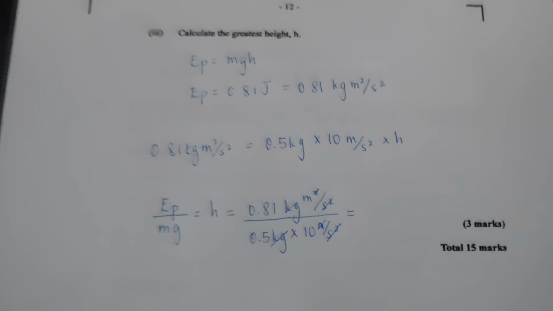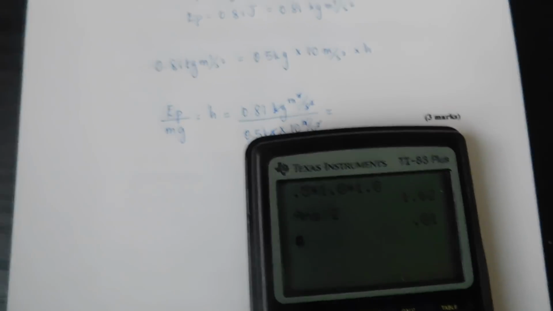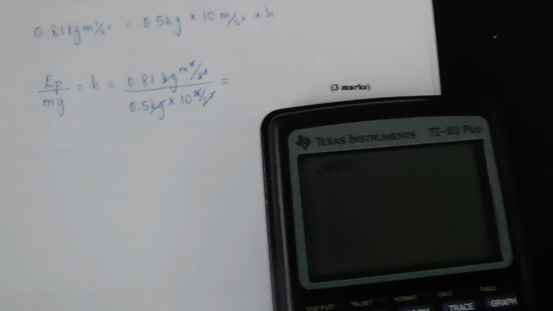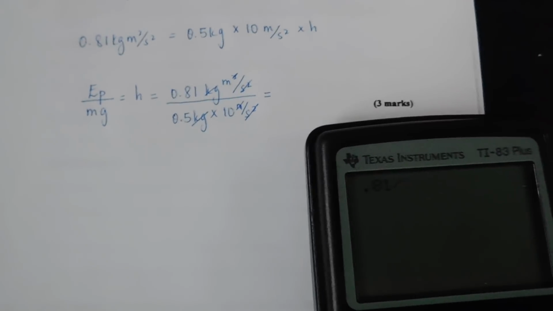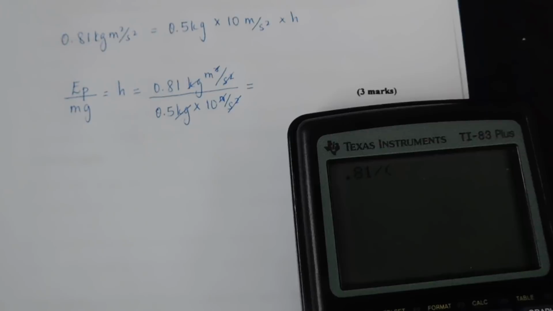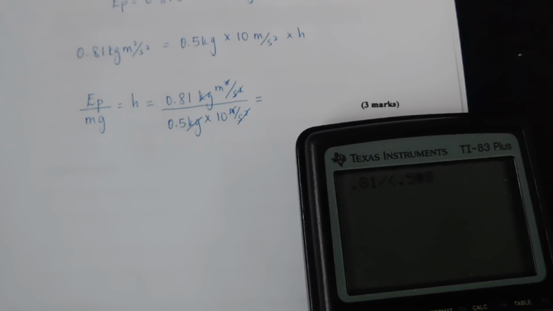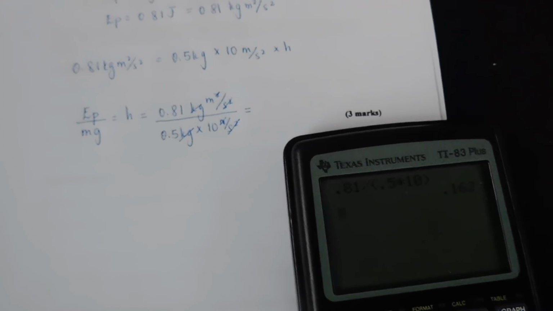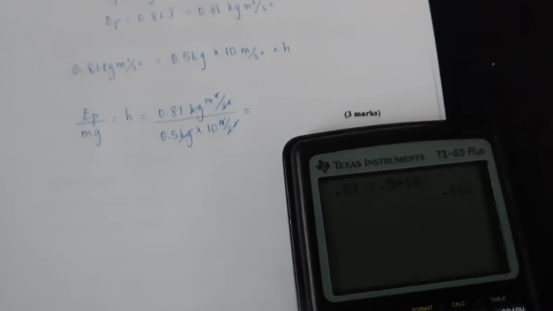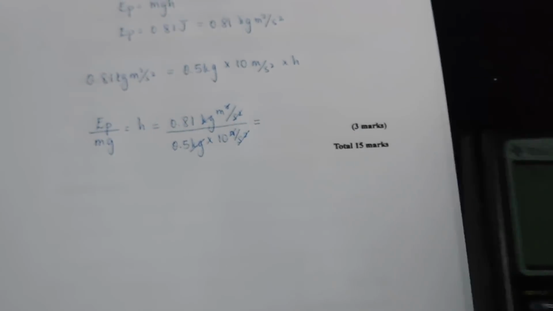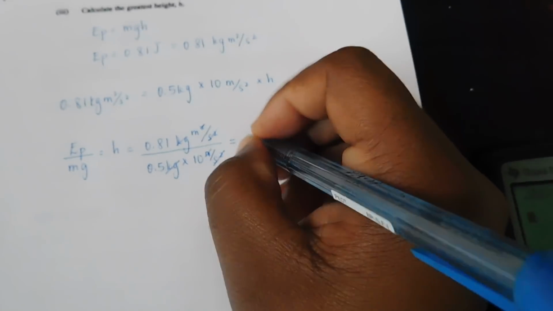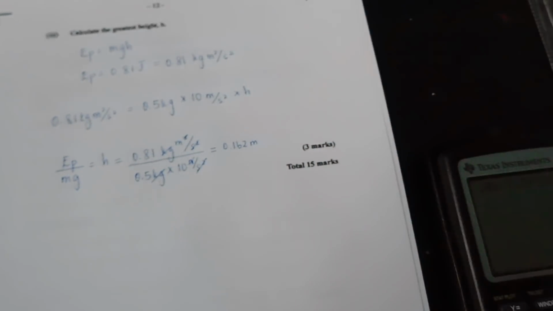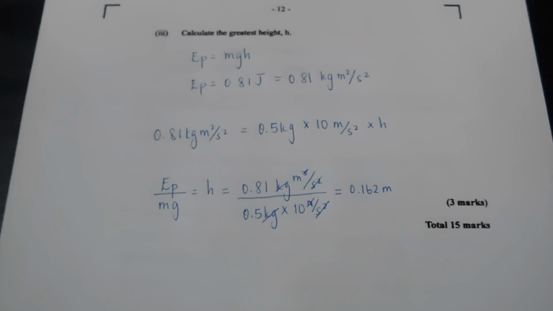And so we would say now, 0.81 divided by 5, but I'm going to put the whole thing in there, times 10, 0.162 meters. And that's my answer. Good luck.